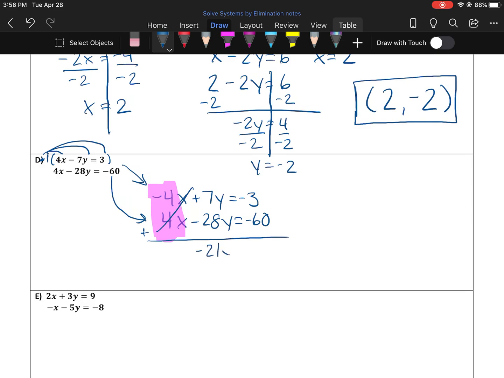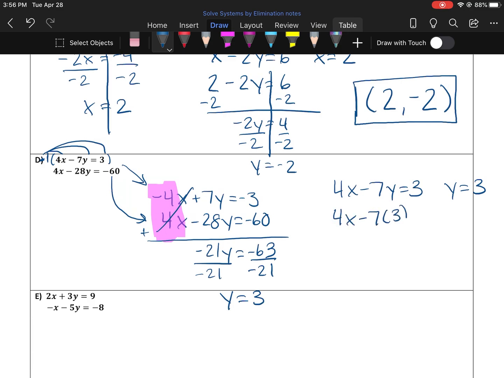This is going to give me -21y equals -63. I divide, get y is equal to 3. And then I'm going to take that first equation, since it's smaller numbers, and substitute my value back in to find the other variable.